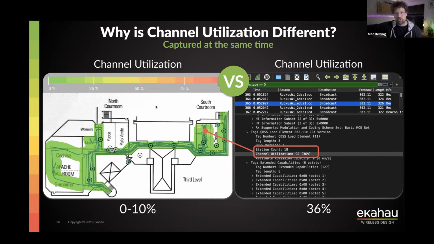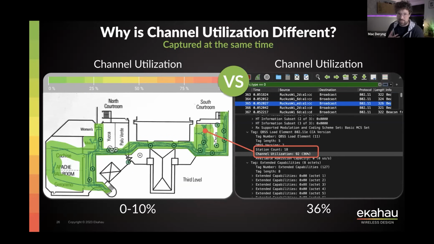And the channel utilization on the left-hand side shows 0 to 10%. Cool. Now, on the right-hand side, we also look at channel utilization, but now we are not measuring it with a Sidekick. We are listening to beacons and advertisements from the OBSS field inside the beacon as broadcast by the access point, where the AP tells us, guys, this is my channel utilization from my perspective.